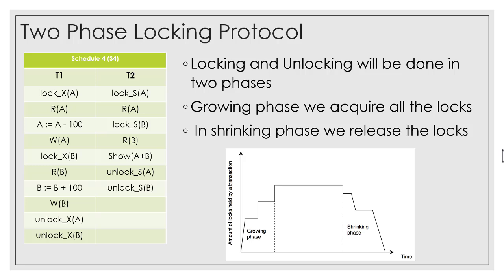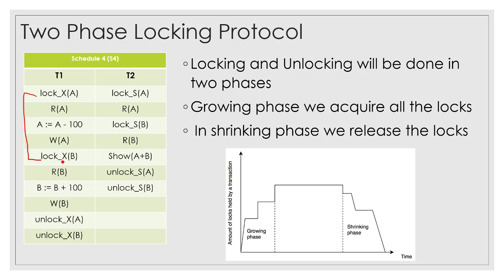In the growing phase, we acquire all the locks, and in the shrinking phase, we release all the locks. So in schedule 4, in transaction 1, we are acquiring the locks in the growing phase. Our growing phase will be up to this point, which is where the last locking has been done.